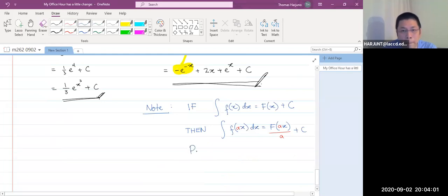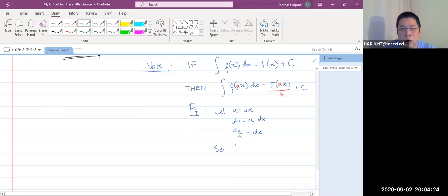Proof. Let u equal ax. So du equals a dx. Therefore, du over a will be used to substitute dx.